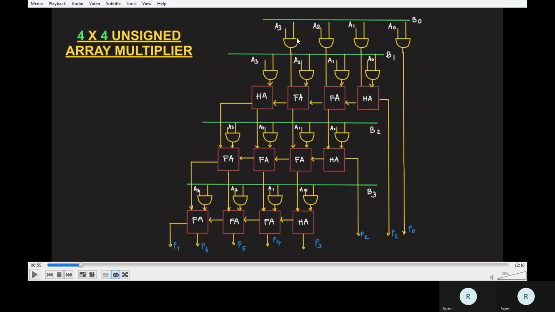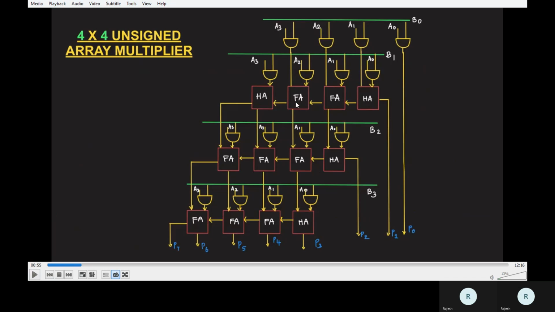You can count 1, 2, 3, up to 16. They are 16 AND gates, and full adders we will count here. 1, 2, 3, 4, 5, 6, 7, 8. There are 8 full adders.